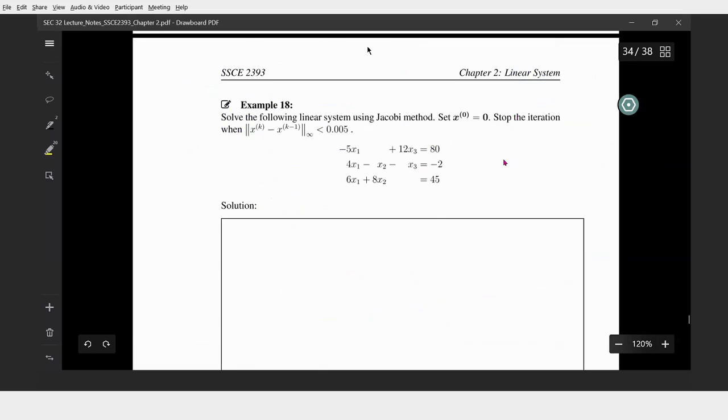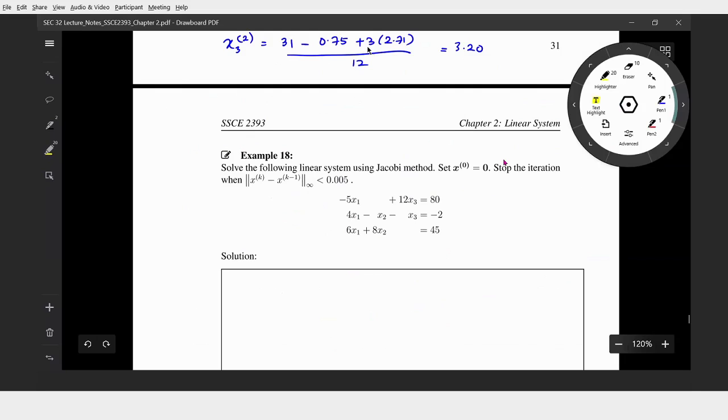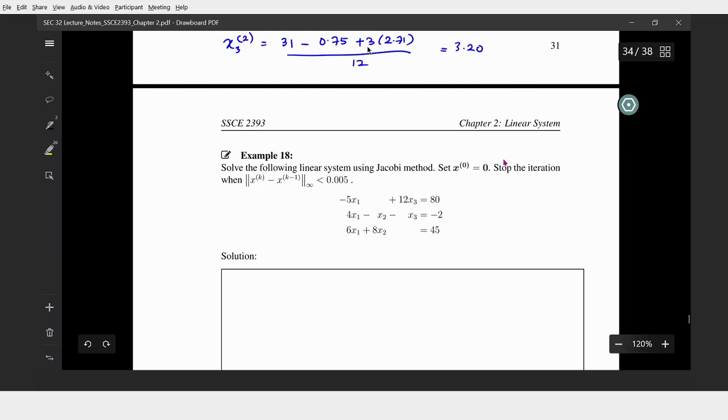Okay, try this one. Example 18. Solve the following system. Later, try it by trial and error, because I'm going to proceed straight away to Gauss-Seidel.